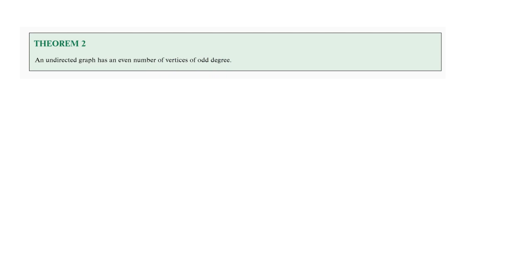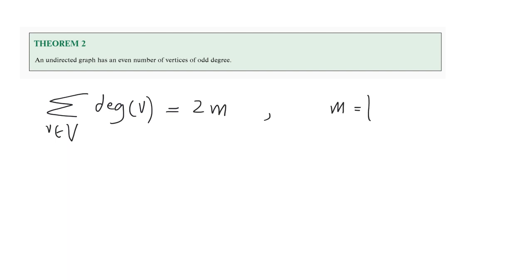From the previous theorem, we know that the summation of the degrees of V over all the vertices is 2 times the number of edges, where M is the cardinality of V. Now I break up the summation here into 2 parts.